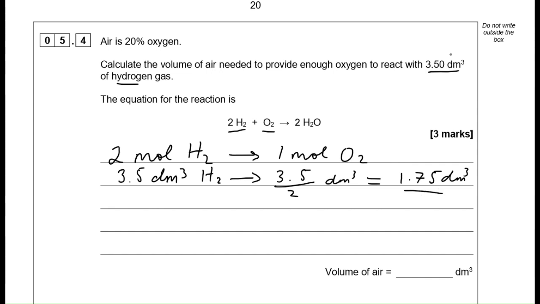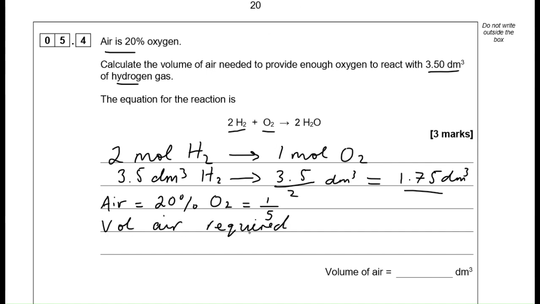At the top of the question, air is 20% oxygen. So when we burn hydrogen in air, 20% oxygen in air equates to 1/5. In order to get the correct volume of oxygen, we need to provide 5 times the volume of air. In other words, we need 1.75 multiplied by 5, because only 1/5 of the air is oxygen.